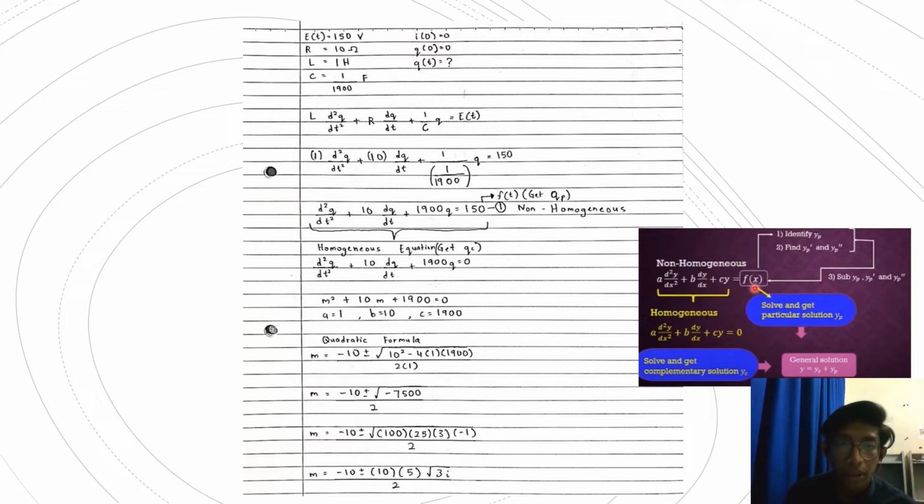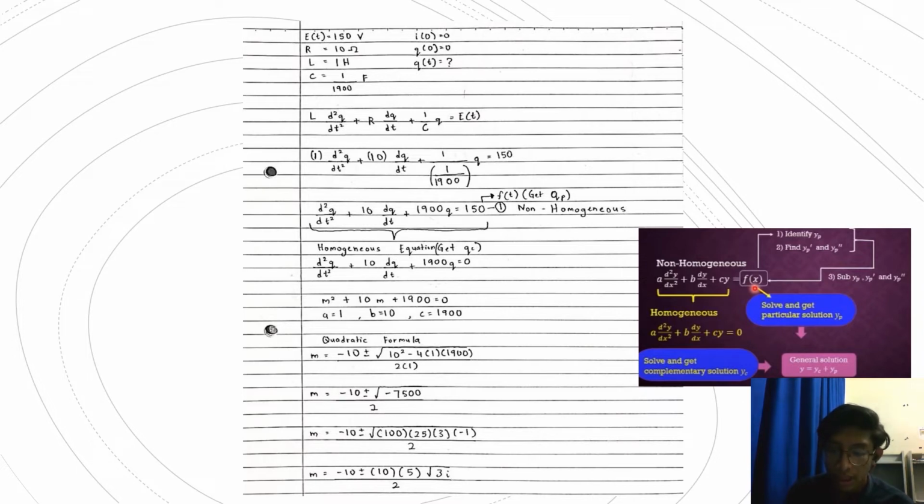L we change to 1, R we change to 10, C we change to 1 over 1900, and E(t) equal to 150. So we simplify this equation and then we get d squared q over dt squared plus 10 times dq over dt plus 1900 q equal to 150.